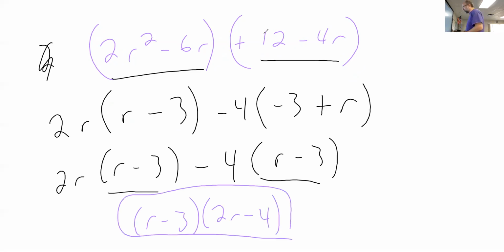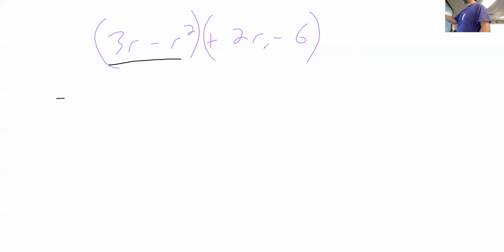All right, let's do another one. 3r minus r squared plus 2r minus 6. Same thing. Do the parentheses around each pair. Then we look to pull out a factor from each one. In the first one, no numbers, but let's pull out a negative r, because that one's negative.